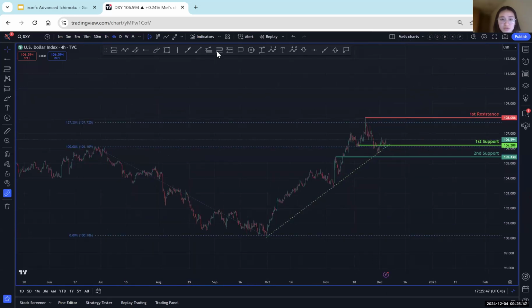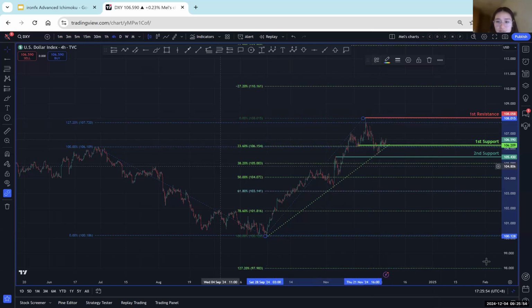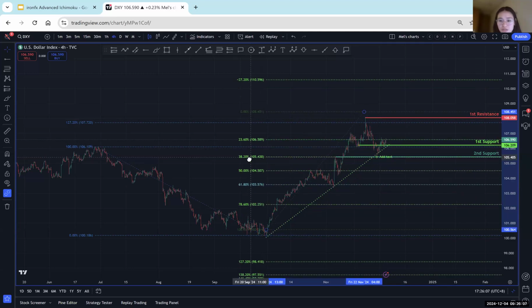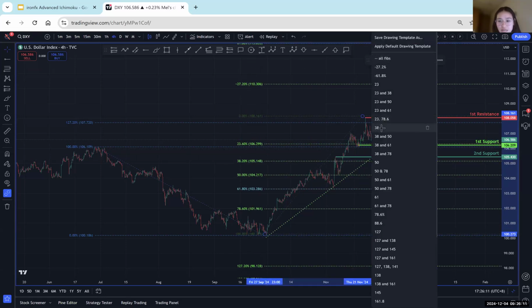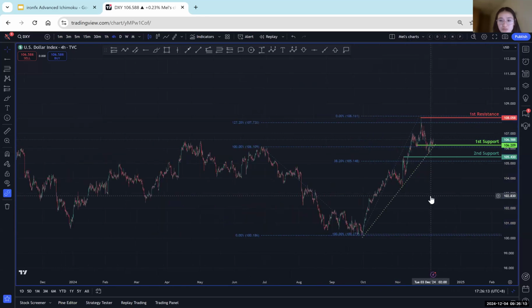Okay, and for my first resistance, let's see. Okay, I have a couple of retracements. Okay, so my 23.6, you can see it lines up nicely with my first support, but it's no longer valid because prices have already broken out of that level. Okay, so I'm just gonna keep that 38.2 in line with our second support.